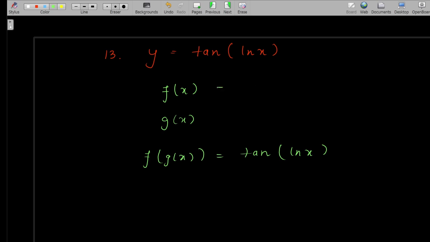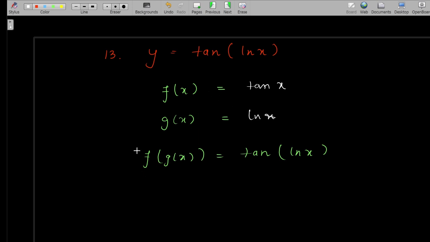What should we take f of x? What should we take g of x? Well, g of x is inside, so won't g of x be ln x? And then f of x would be tan x, yes. So f of x is tan x, g of x is ln x.